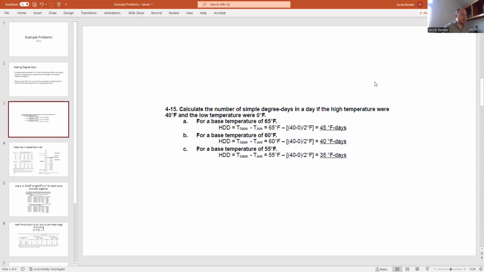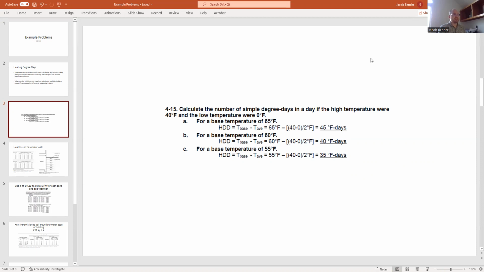So, example problem from the textbook: you're calculating the number of simple degree days in a day if the high temperature were 40 and the low temperature were 0. You're doing it 3 different times with a different base temperature each time. The base temperature is your inside. So you're looking at your base temperature, inside temperature, minus your average of high and low outside the building.